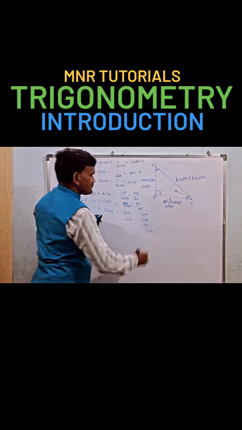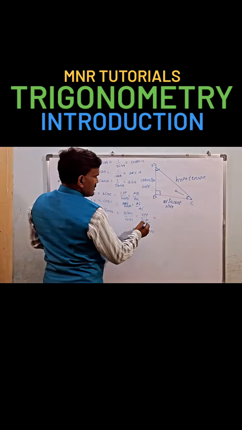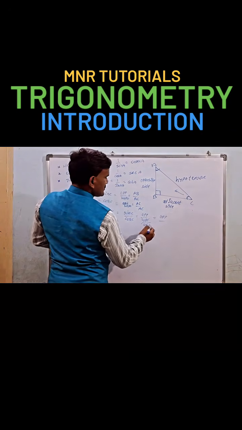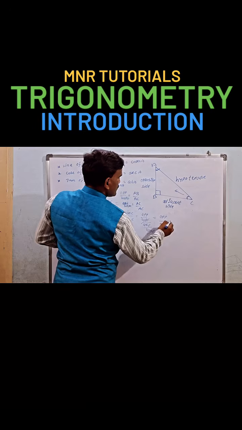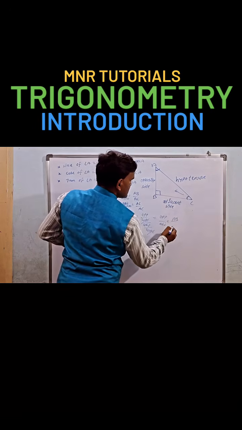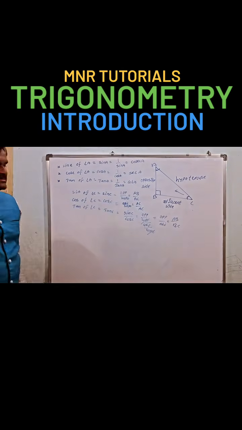Here the hypotenuse cancels on both, leaving opposite by adjacent side. Opposite side AB by adjacent side BC. This is tan C.